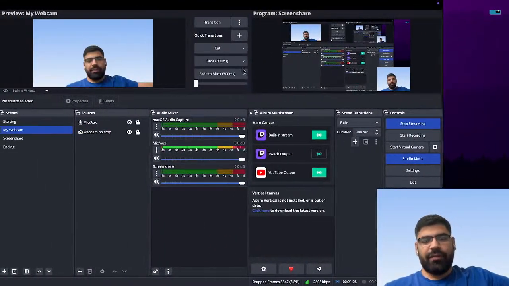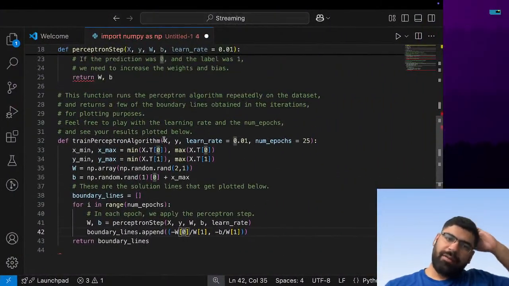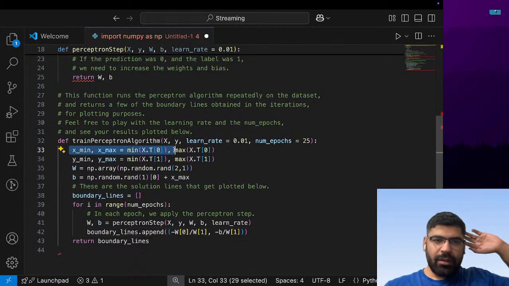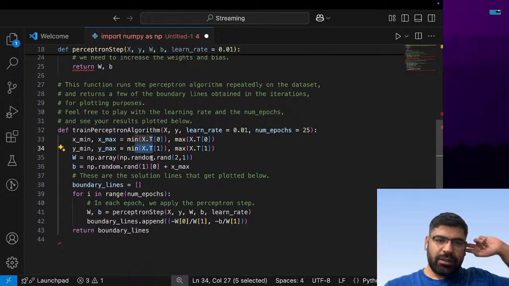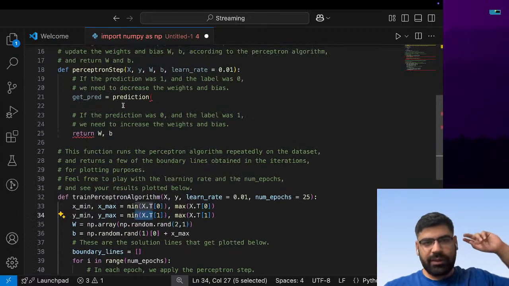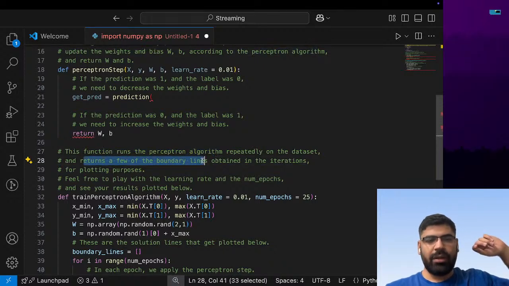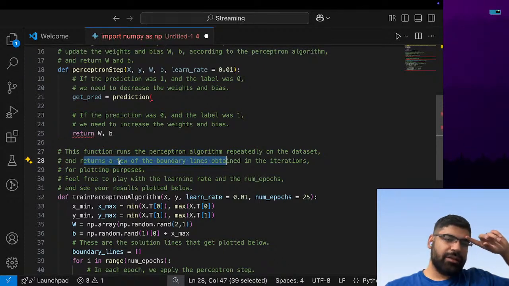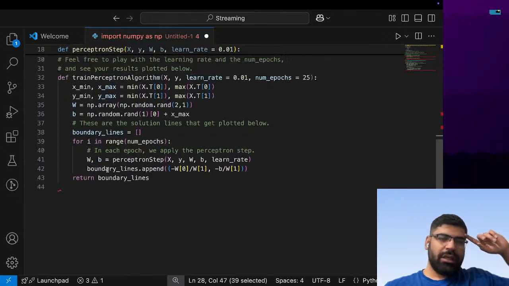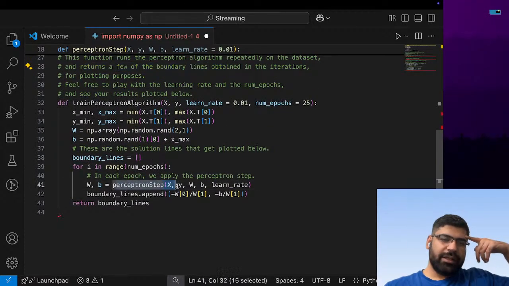So we are working on this function, and we have two matrices X and Y. It's training the algorithm. This function runs the perceptron algorithm repeatedly on the data and returns a few of the boundary lines obtained in the iterations. It's calling this step for each epoch.